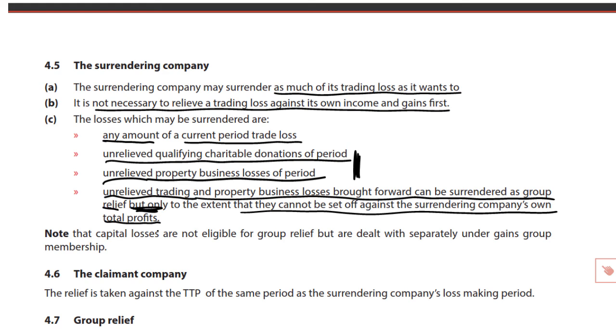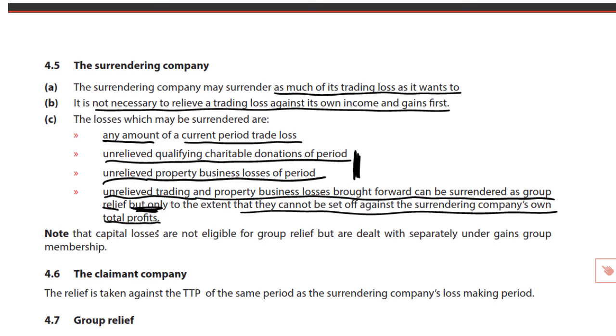It doesn't matter what mix there might be. That total figure of such losses brought forward, the only amount of that which may be group relieved when brought forward into a period later than the loss-making period itself, the only amount of such brought forward loss that is eligible for group relief is the amount by which the brought forward loss exceeds the current period total profits. Only that bit is then eligible to be group relieved.